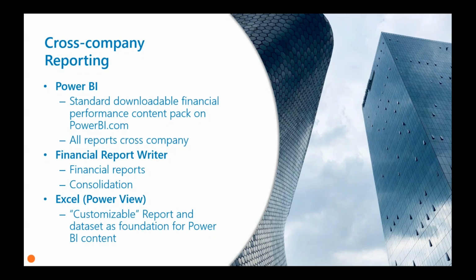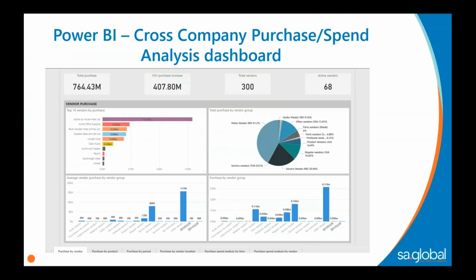So we're going to take a look at 2 of them to give you an example of what they do, starting with the purchase spend analysis dashboard, which, as you can see, allows you to analyze your total purchase per various dimensions, like your top vendors, your vendor groups, your products, your product groups. You can analyze by period, by location, etc. So everything you would expect from a BI dashboard.